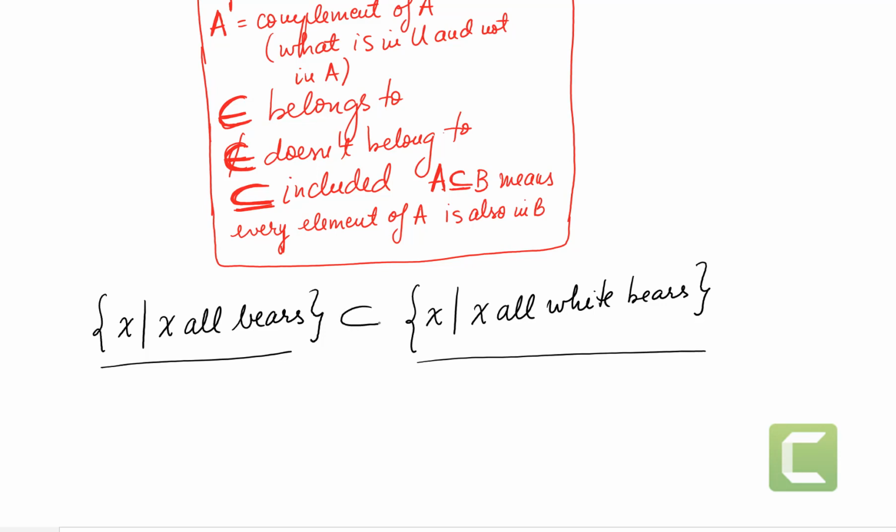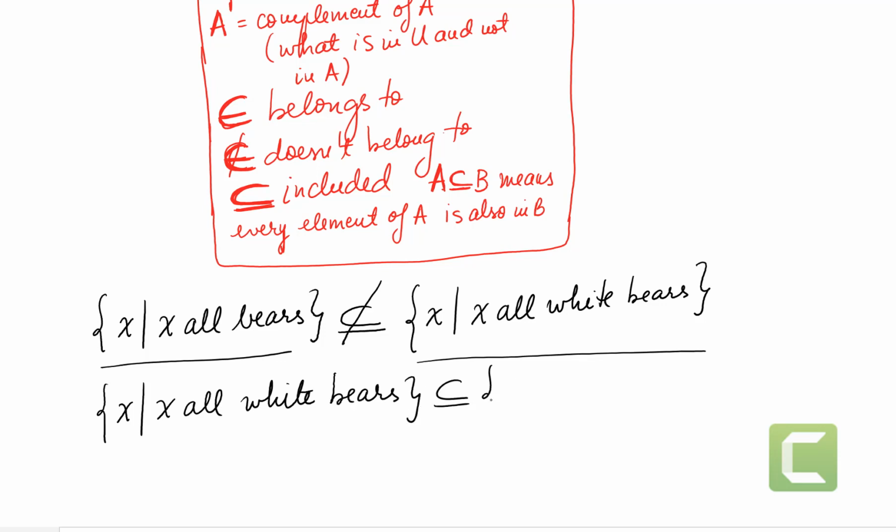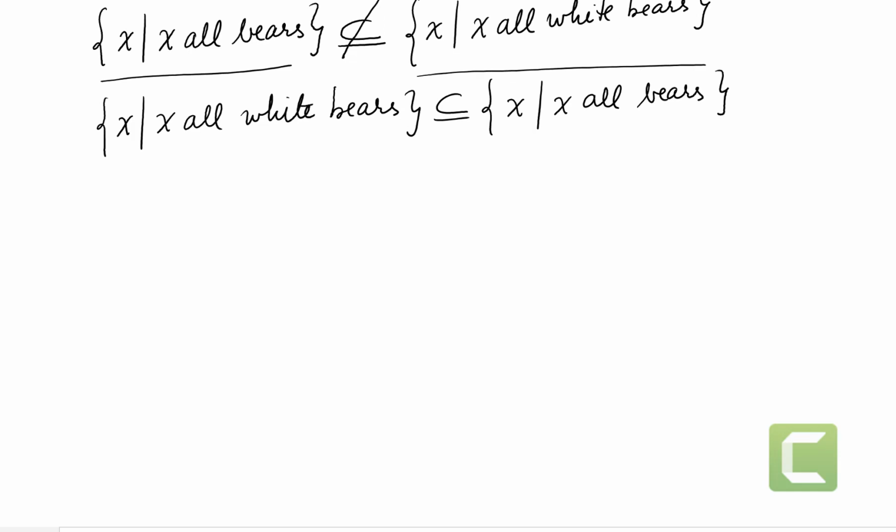No. So the first set is not included in the second set. But at the same time, we can say that the set of X where X is a white bear is included in the set of X where X is a bear. All the white bears are elements in a set that contains all the bears, the white, the brown, and so on.